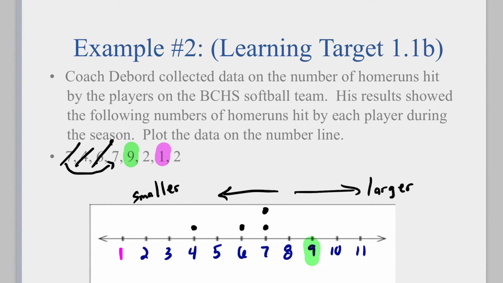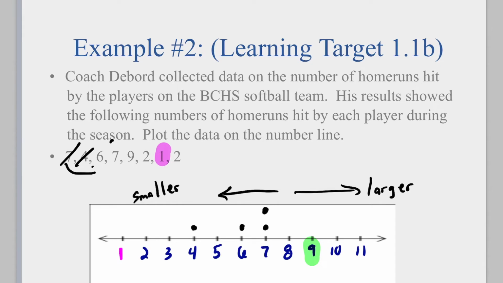So what I'm going to do is put a second dot above the 7. Now, I would encourage you to make sure there is space between the 2 dots. And don't put the 2 dots, for example, right on top of each other where we can't tell what the data is telling us. We want to make sure that we can easily and quickly look at this number line and tell how many players correspond to each one of the numbers.